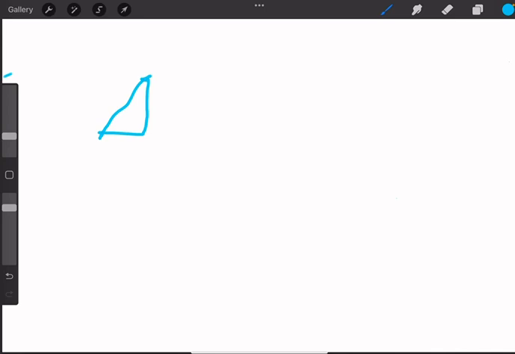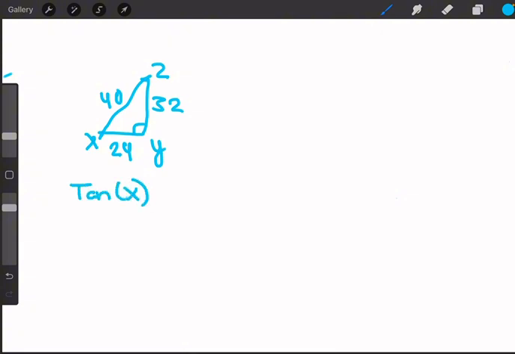Oh, triangle ZXY. So we have our lovely right triangle, ZXY, and then ZY is 32, ZX is 40, and XY is 24. Now in this problem, we want the tangent of X. So when we look at SOHCAHTOA, we know that tangent is given to us by opposite over adjacent.